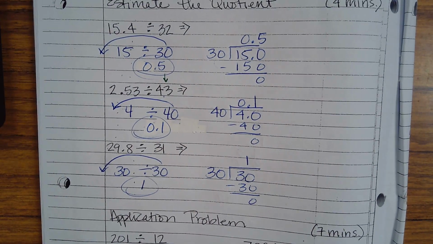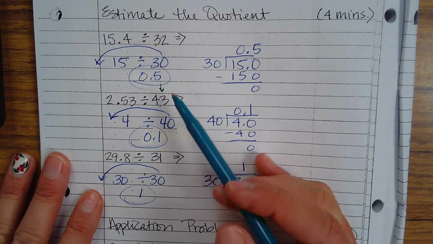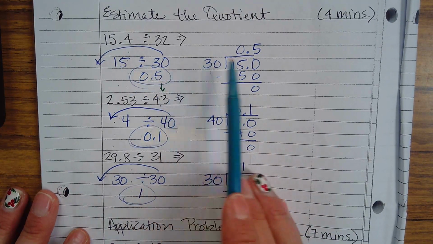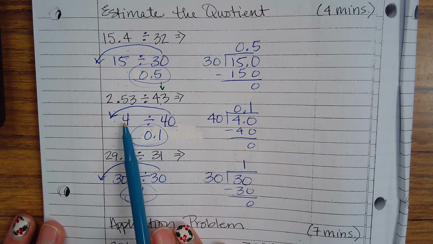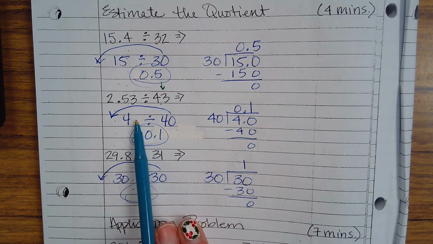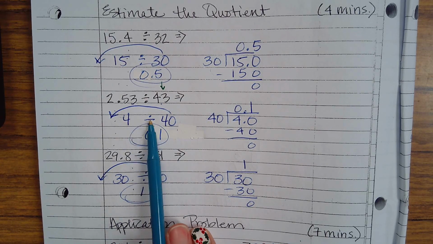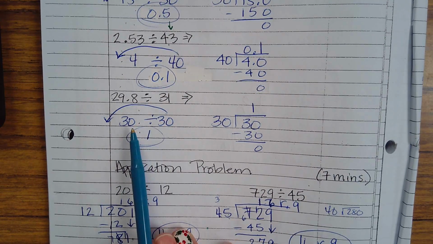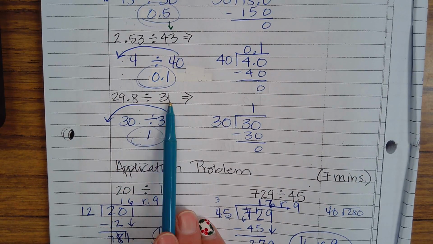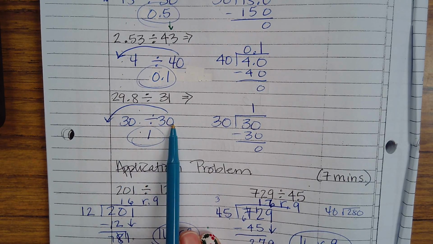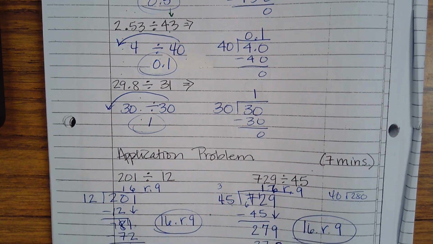All right, then let's come on over here. Estimating the quotient, 15 divided by 30 is 0.5. 2.53 estimated, divided by 40: 4 divided by 40 is 0.1. And 29.8 divided by 31 is 31 divided by 30 is 1.